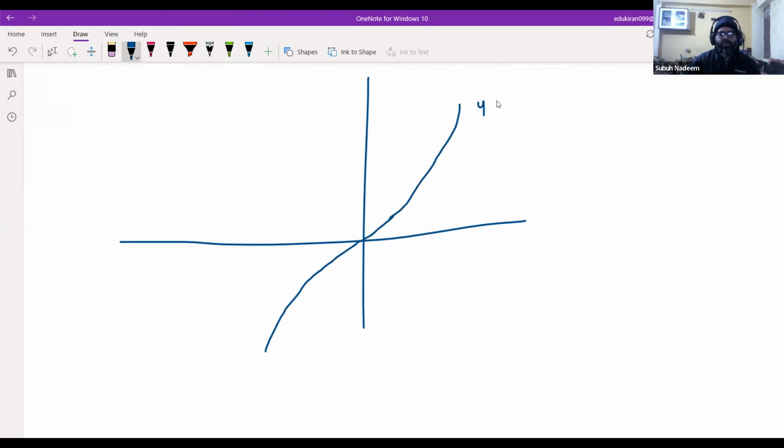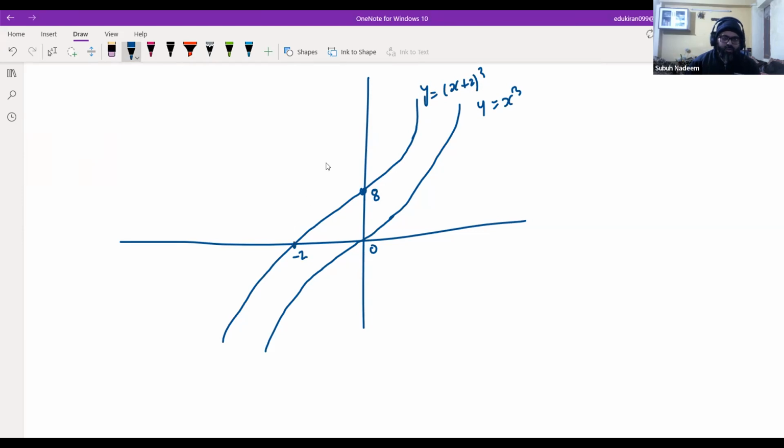This is known to us. We come to (x plus 2) whole cube. So as you said, we shifted it by 2 units. So this is y is equal to (x plus 2) whole cube. So the point here was 0, the point here is minus 2. And the point here becomes 8, because 0 plus 2 whole cube will be 2 cube, which is 8.